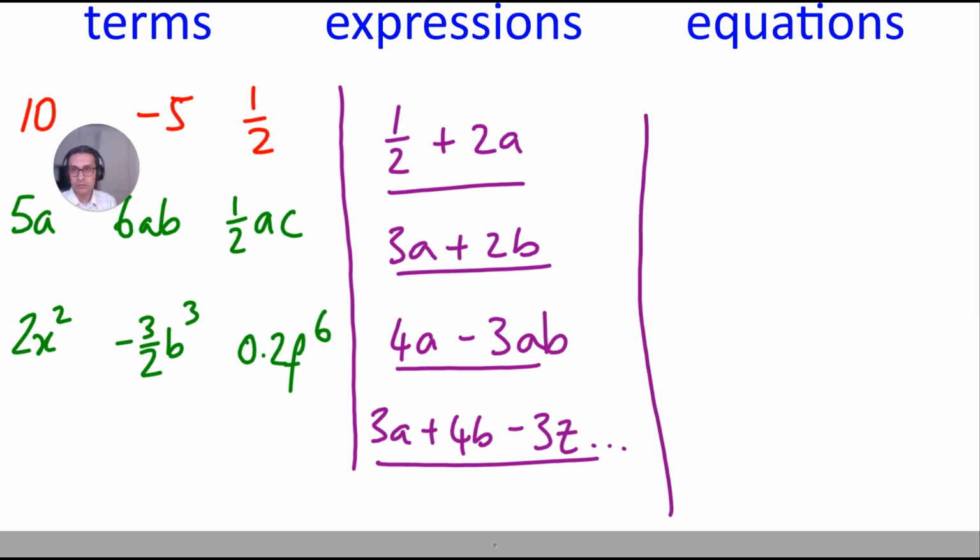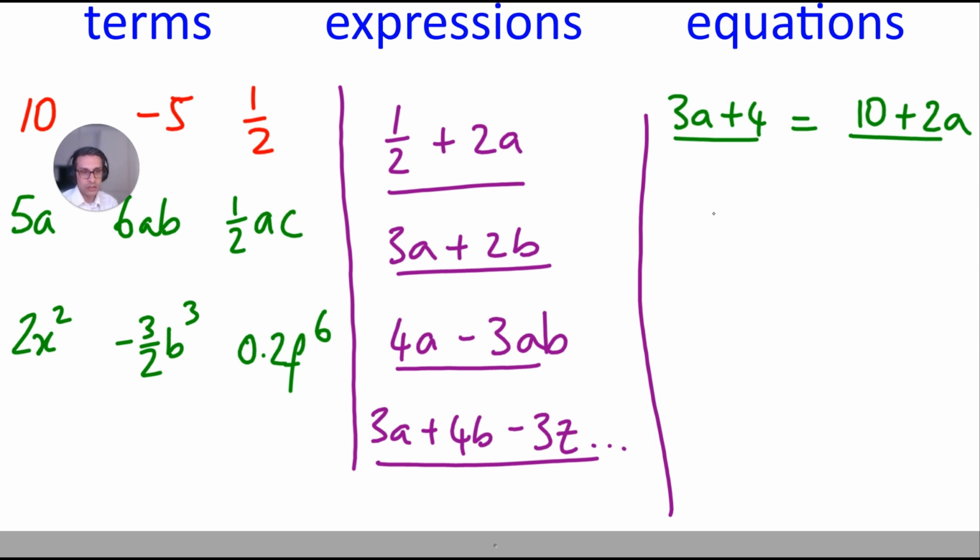Now, an equation is just where you have an equal sign in between two expressions, and it shows that these two things are equal. So for example, 3a plus 4 is equal to 10 plus 2a. You may even have a constant on one side as well. So you can obviously rearrange equations, and you've seen equations already.